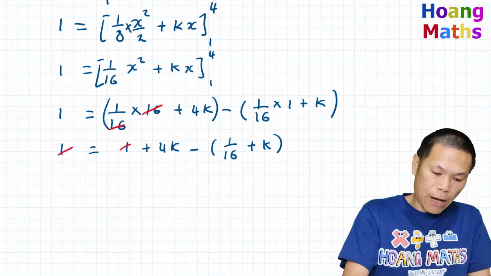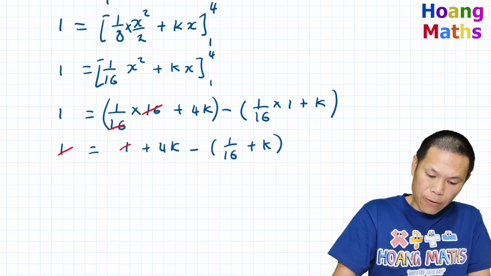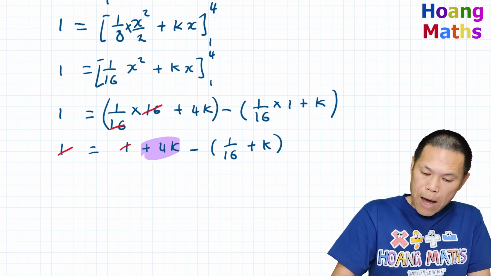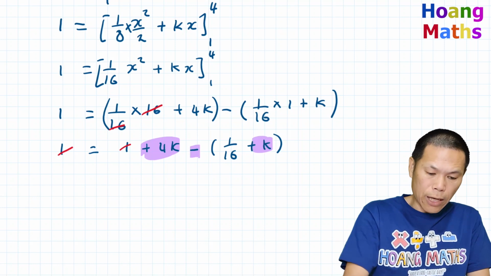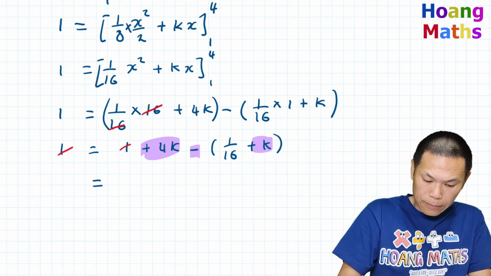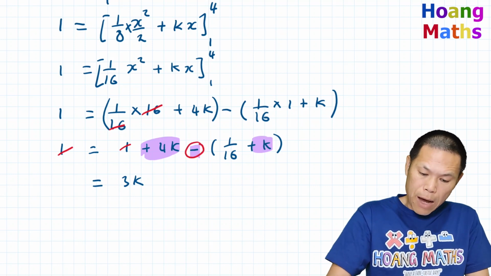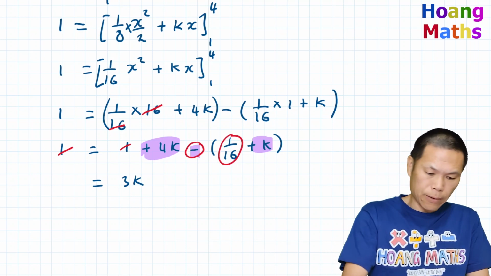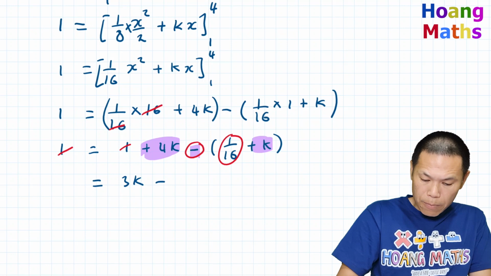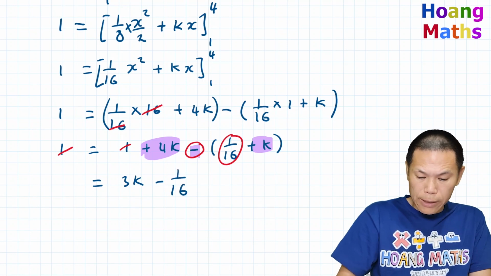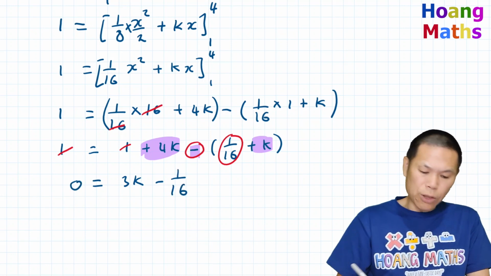What I have left is 4k minus k, so that is 3k, and then minus 1 over 16. So of course the left side becomes 0.